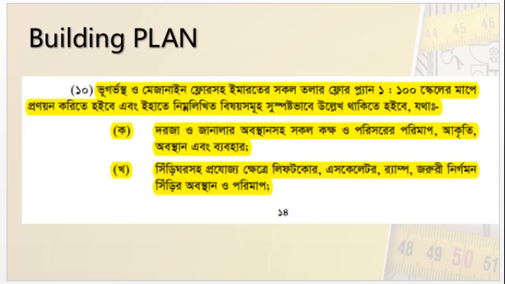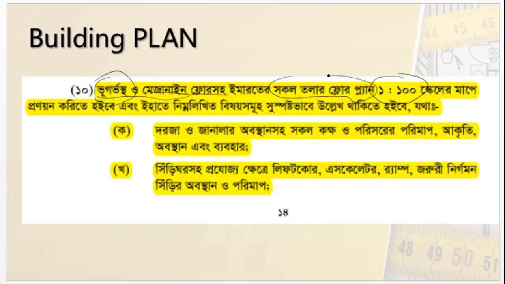If we see the provision of building plan, we'll be getting into the building plan now. Before that, as you can see, this is taken from the Dhaka Metropolitan Building Construction Rule. Any mezzanine, any foundation floor below the ground level, or all typical floor plans must be 1:100 scale.